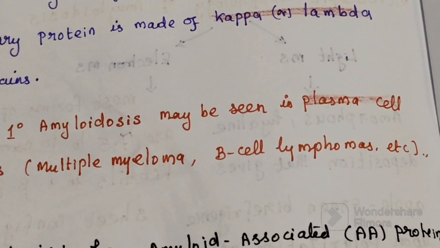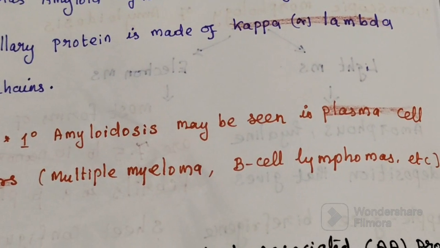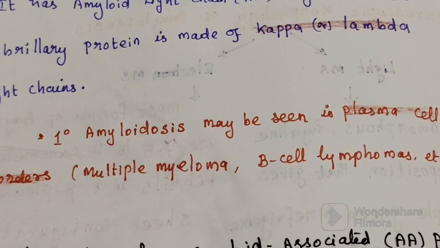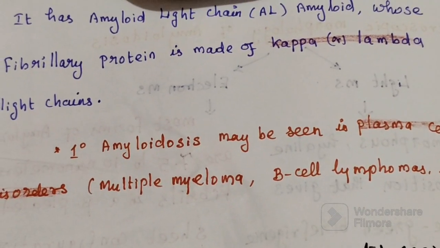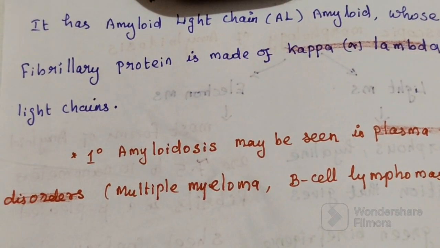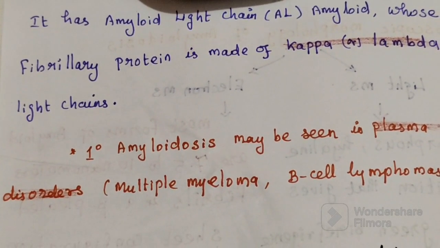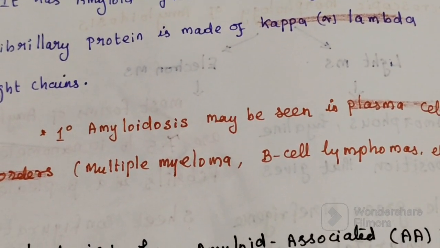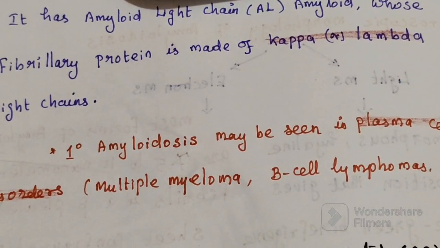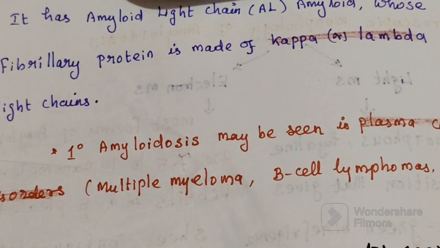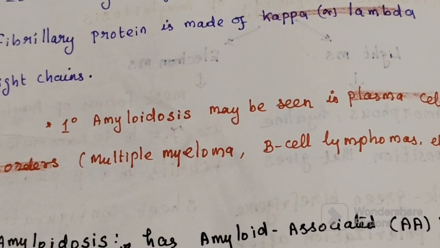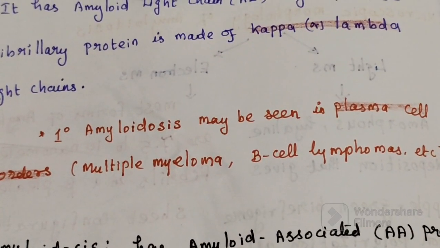In both, a lot of plasma cells are produced, proliferate, and synthesize a lot of immunoglobulin like IgG.